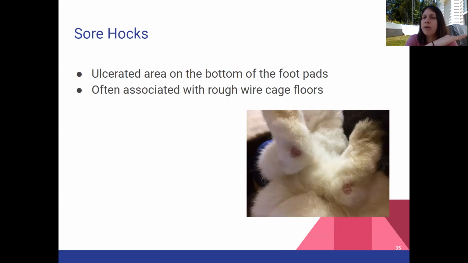If they continue hopping around on the wire cage, it's going to go from sore to ulcers. That's why Coco's cage, which had a wire bottom, always had a ton of paper shavings, so that didn't happen to her. That's why all of our other animals have flat plastic cage bottoms, because we don't want to give them wire floors where more than likely they're going to get sore hocks.